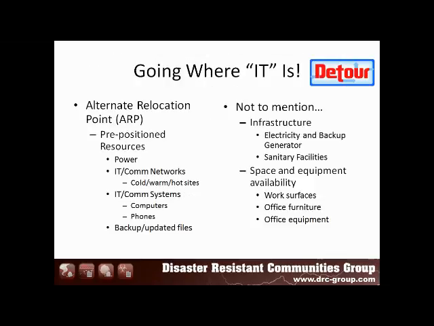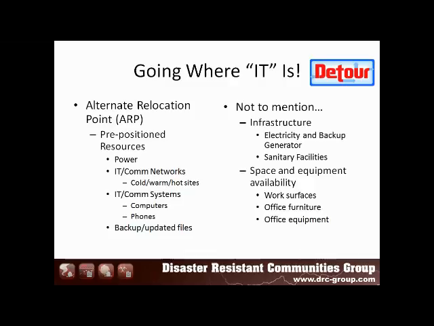If an adequate IT solution is not available where you are during an outage, yet you still must perform your mission essential functions, you might consider going to where IT is available, even if that means going out of town. If you do, there are several things you must make sure are in place should you decide to move to an alternate relocation point.